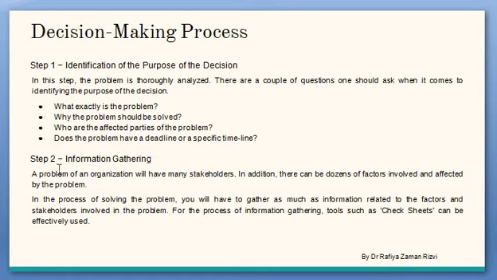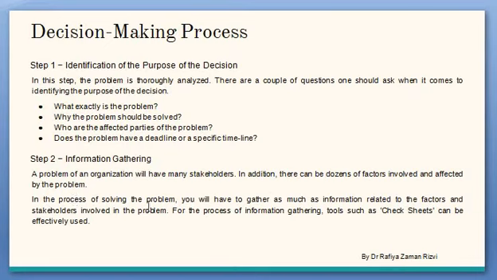Next, second step. So here these questions would tell me what is the actual problem. Once I identify the problem, then I gather the information relating to the problem. A problem of an organization will have many stakeholders. In addition, there can be dozens of factors involved and affected by the problem.